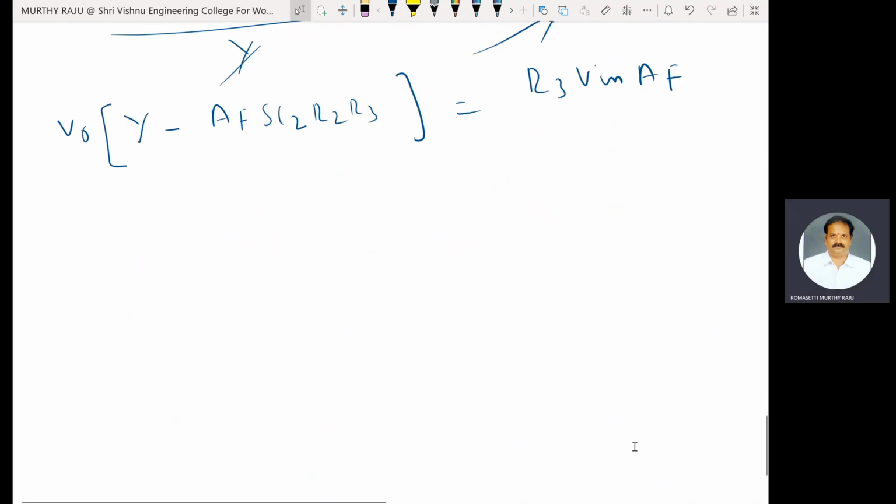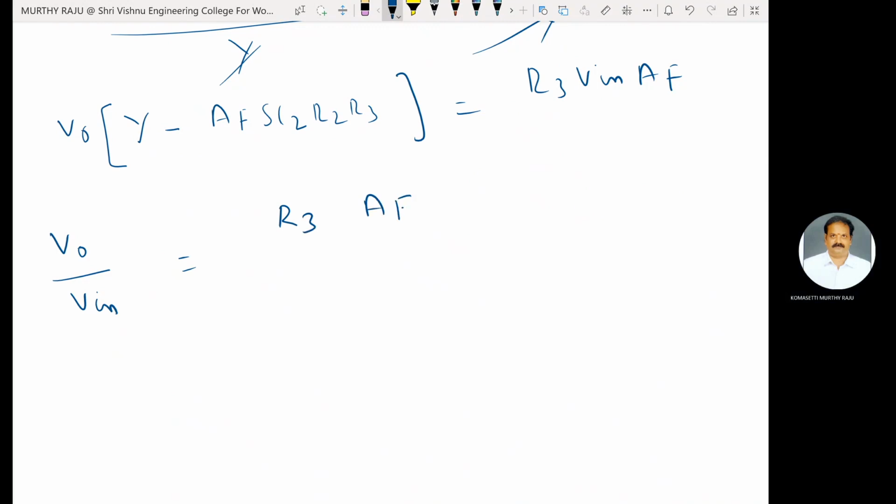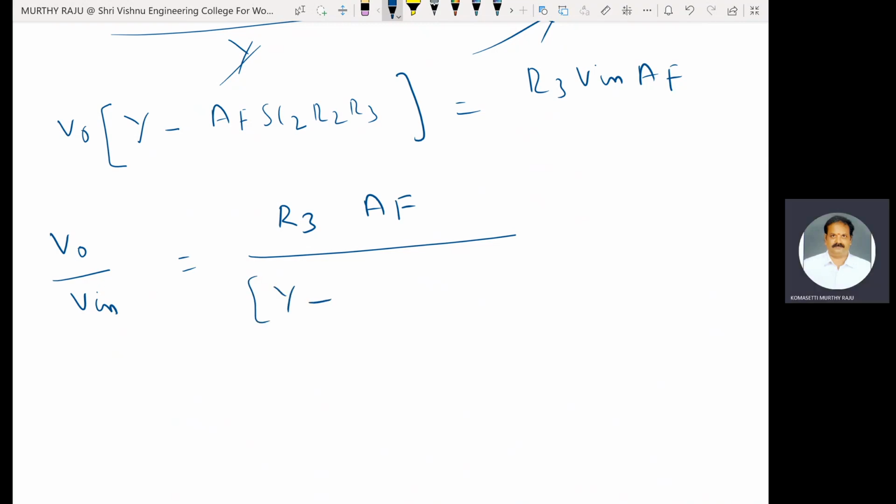Therefore, finally, V0 by V in is equal to R3 AF by y minus AF SC2 R2 R3. Now substitute y here.